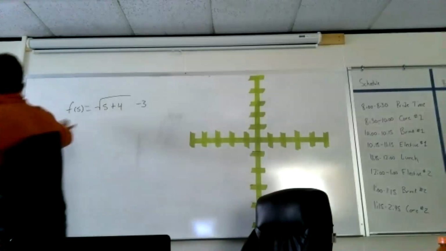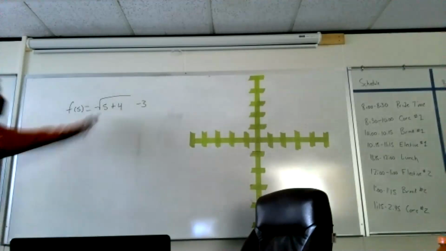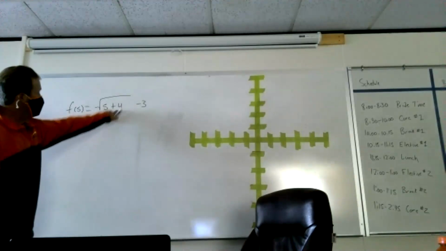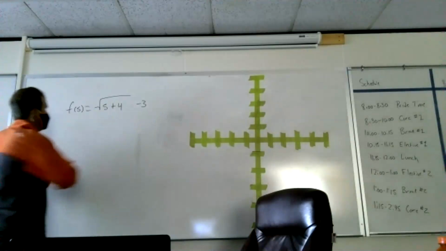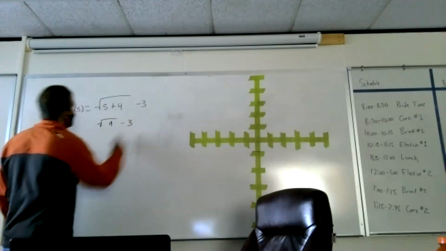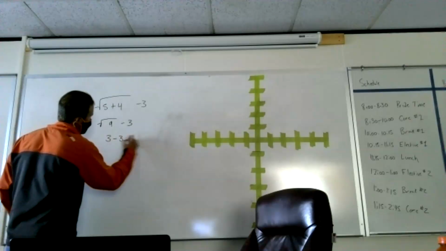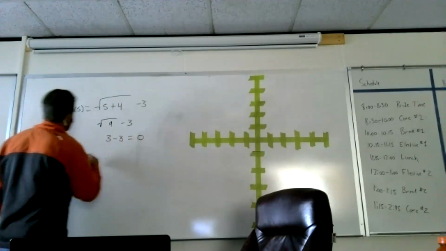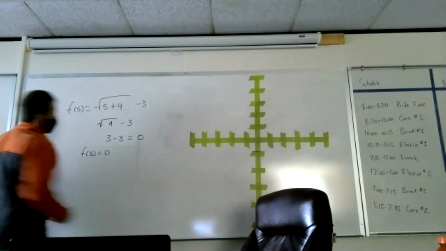So I plugged in 5 for x. Since these are under the radical, I treat them like parentheses and take care of those first. So that's the square root of 9 minus 3. Square root of 9 is 3. So 3 minus 3 is equal to 0. So that would say that f of 5 is equal to 0 there.